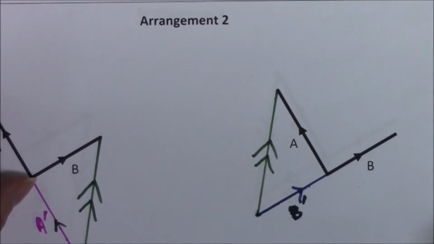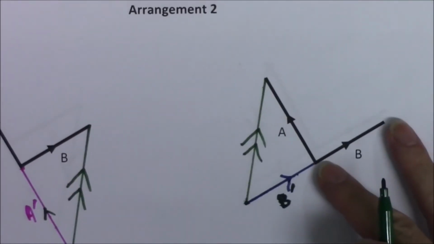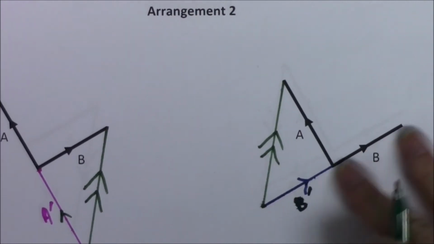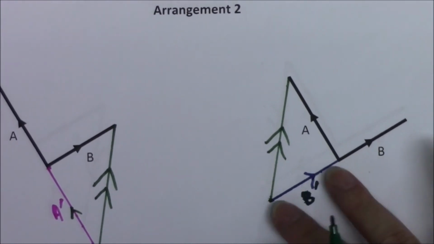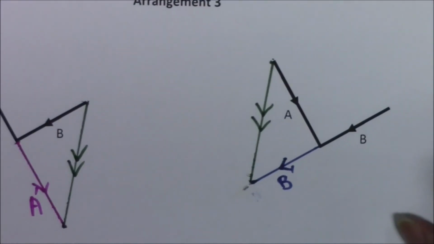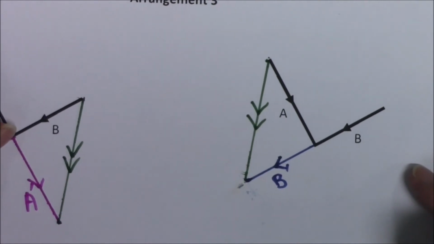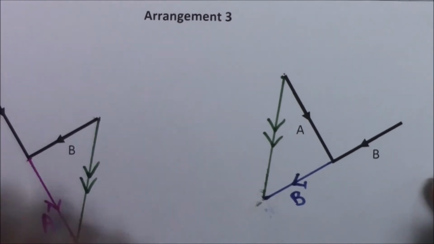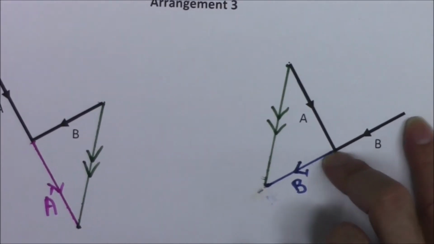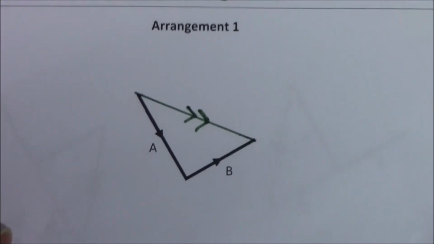For example, A to A prime, B to B prime, all along the same straight line. In arrangement 3, similarly, A to A prime, B to B prime.